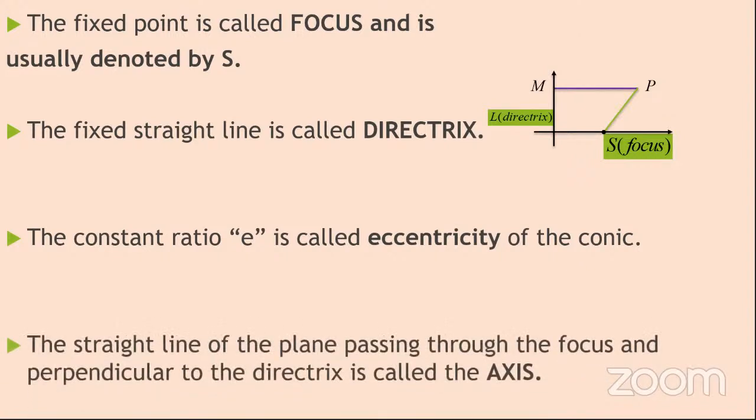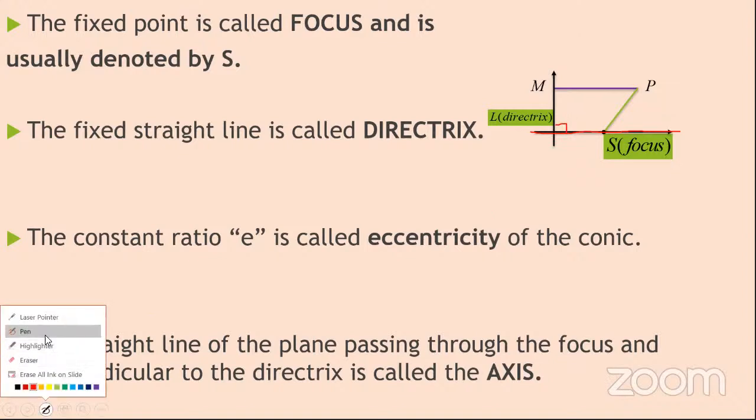The straight line of the plane passing through the focus and perpendicular to the directrix is called the axis. This line, children, which is passing through the focus and perpendicular to the directrix, is called the axis of the conic.